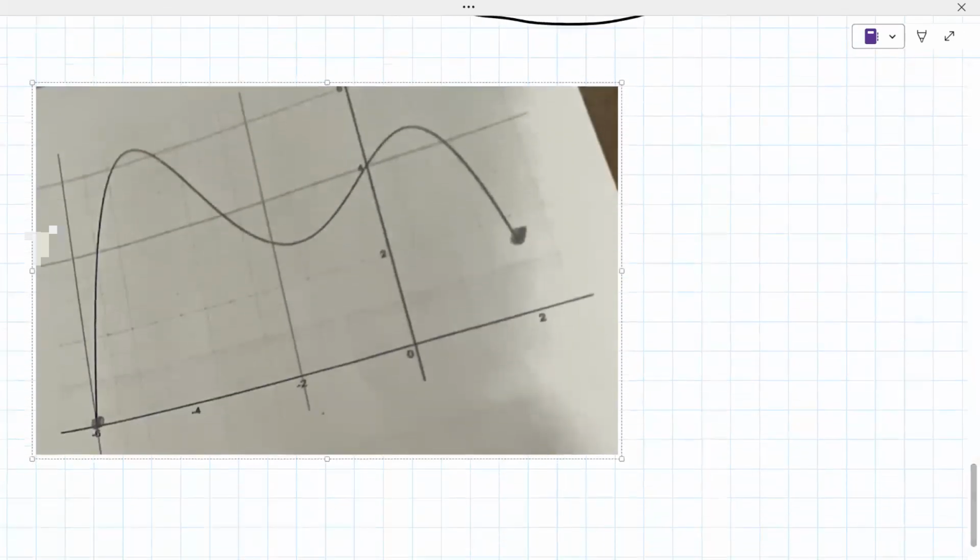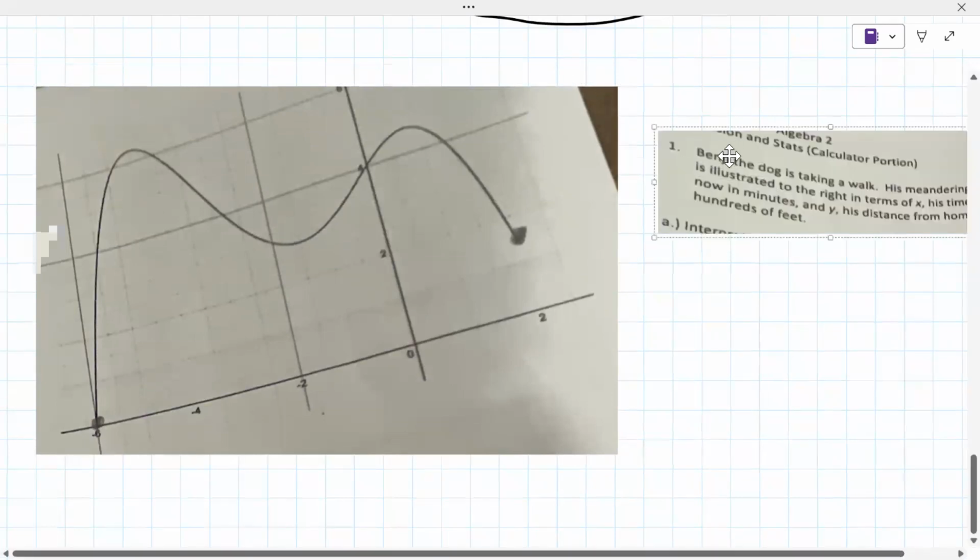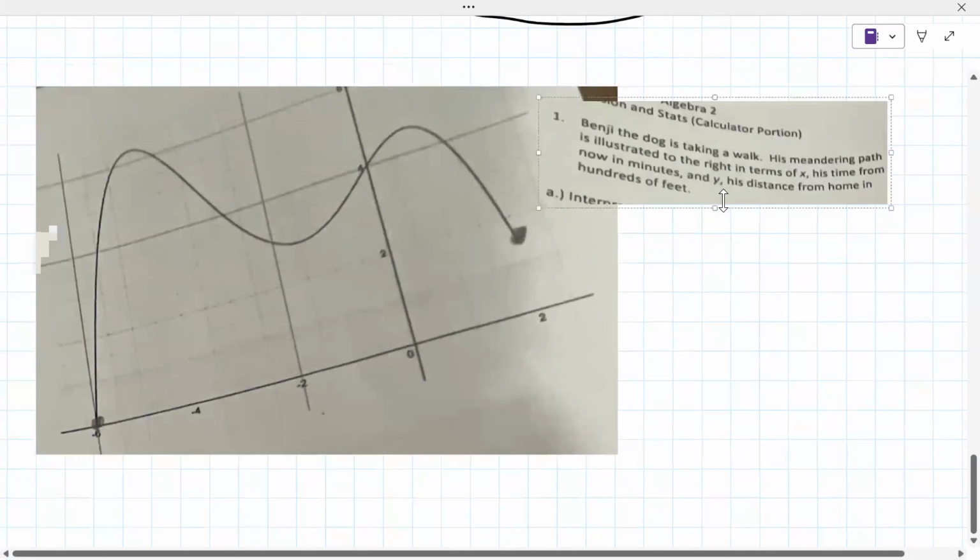So let's go back to question number one. All right, let's look at the scenario here, which is a little weird, but that's what we've got. Can you read this scenario for us?